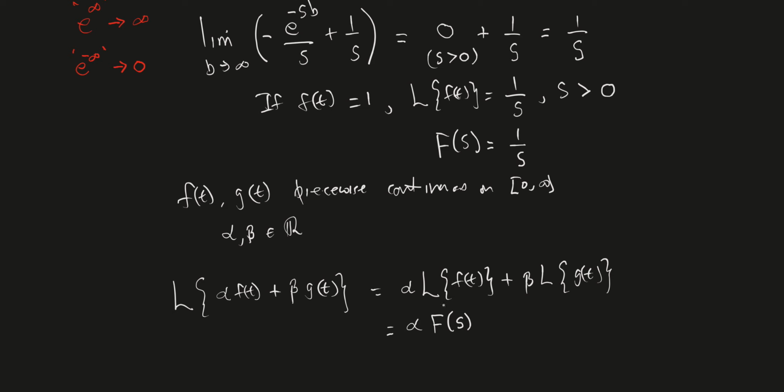So again, when you use just the letter to indicate the Laplace transform, it's always the uppercase version of the original function. So you can think of the uppercase F of s as the image of little f of t under the Laplace transform. So if we transform little g of t, we're going to get an uppercase G of s. So then this becomes beta big G of s, right?